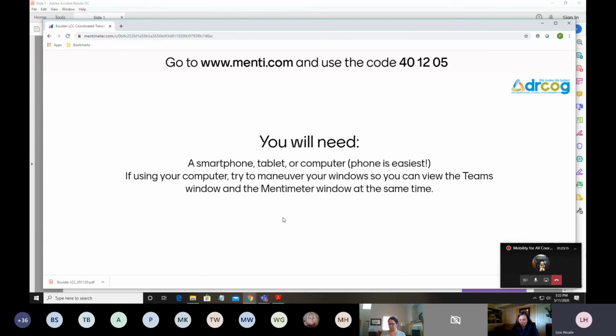It's a little easier if you use your phone because you can see the results without moving windows around a lot, but either way works. Go to menti.com, M-E-N-T-I dot com, and input the code 401205. Those instructions will stay at the top of the screen if you need them.